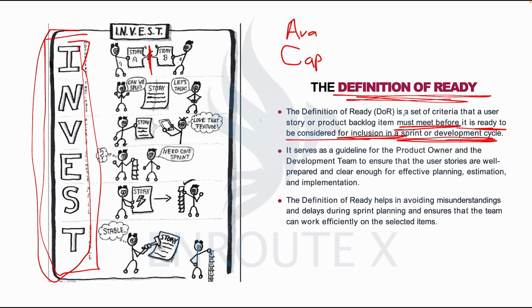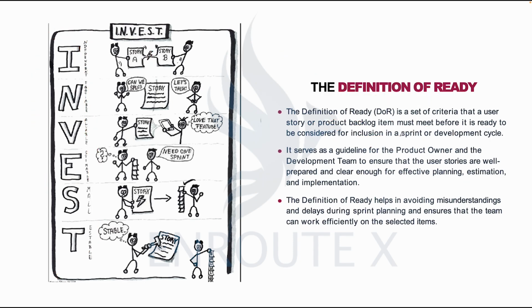So the definition of ready is a set of criteria that a user story or product backlog item, a work item, a task in the product backlog, must meet before it is ready to be considered for inclusion in the sprints. So where the story does not meet definition of ready, it means that story is not ready to sprint.